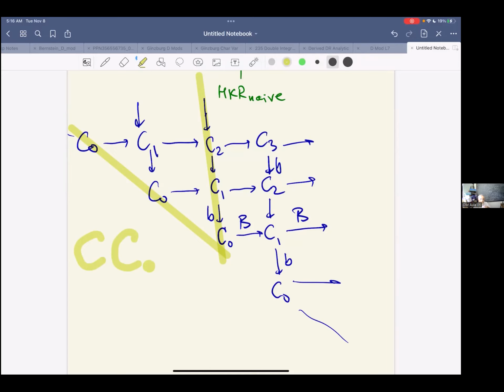Or I can take the complement to that, so to speak. And this will be the negative cyclic complex, which computes the negative cyclic homology. And the entire thing, of course, is the periodic cyclic homology.